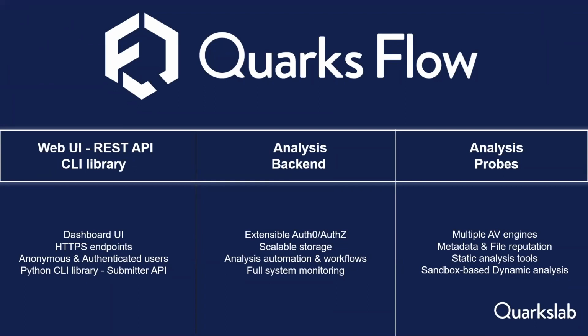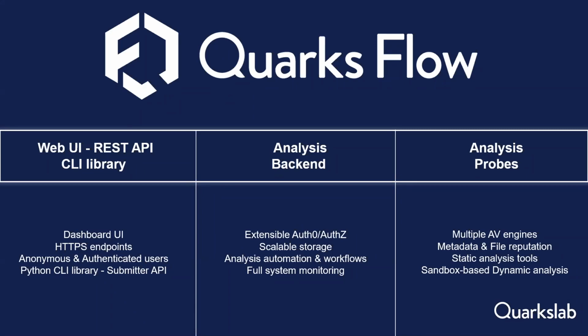Then, of course, there's the backend component. The backend is the one that is responsible for orchestrating the analysis and executing workflows that may include many analysis engines. It has a framework for authentication that is extensible and that can integrate with external identity providers. It has a storage system that is scalable and compatible with some cloud storage services as well.